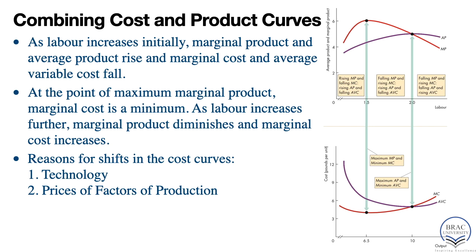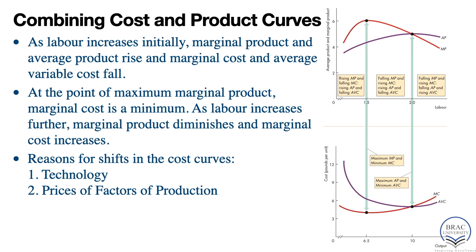Similarly, an increase in prices of factors increases costs and shifts the cost curves. But note this, the way the cost curves shift depends on the type of factor prices that are changing. For example, say a change in rent or other fixed cost shifts the fixed cost curves and the total cost curve upward, but leaves the variable cost curve and the marginal cost curve unchanged.